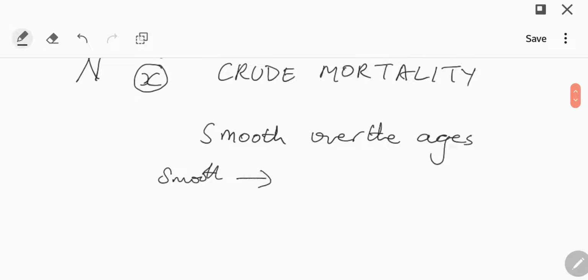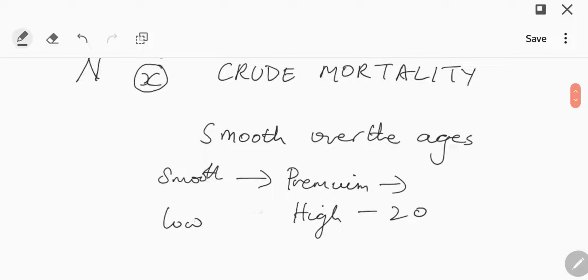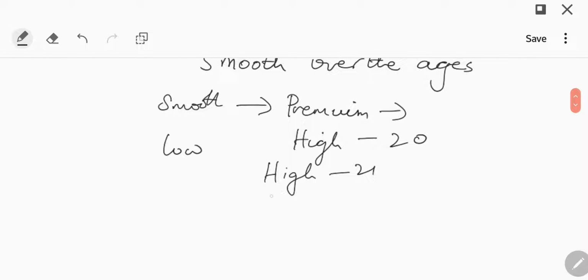which means the premiums which I'm trying to design based on the mortality rate may be inconsistent. I may charge a higher premium for a 20-year-old person, lower for a 21, or higher for a 21, or lower for a 22.